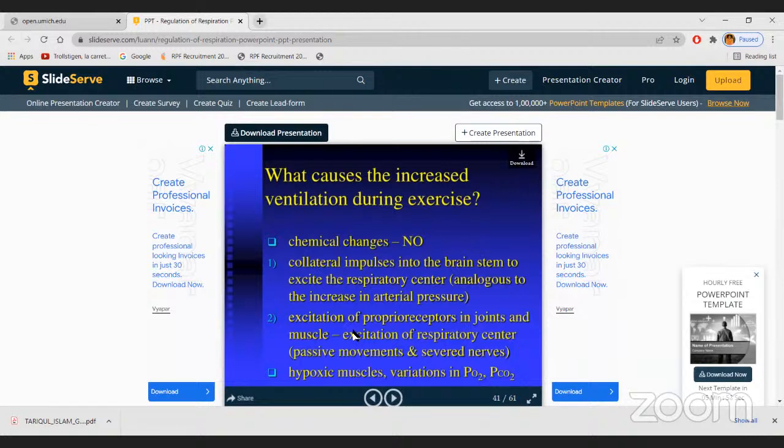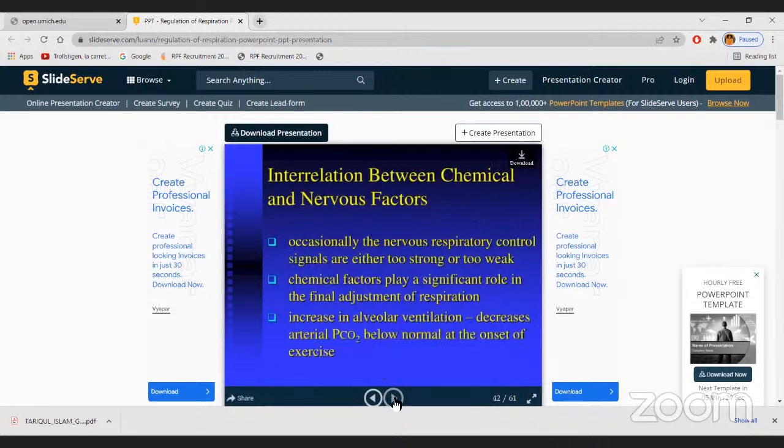The collateral impulses into the brain stem excite the respiratory center, analogous to the increase in arterial pressure. The excitation of proprioceptors in the joints and muscles excites the respiratory centers, and hypoxic muscles cause variations in pressure of carbon dioxide and pressure of oxygen, PCO2 and PO2.